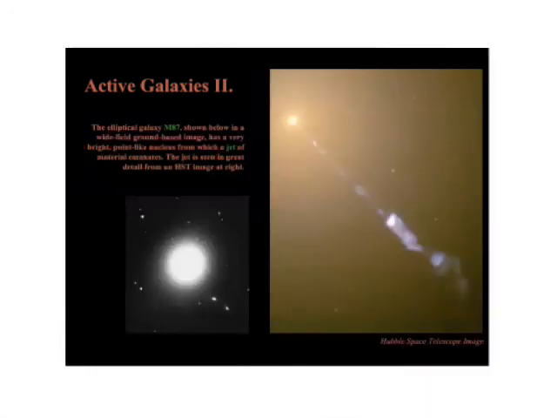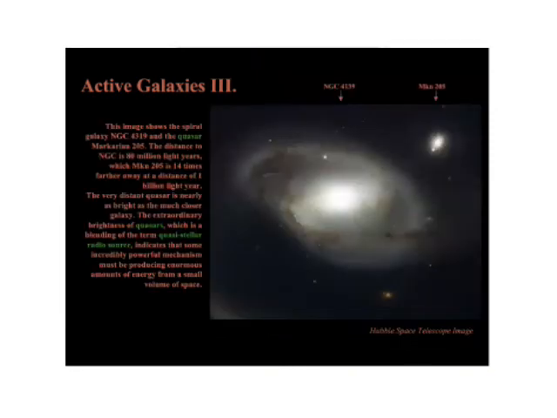This is M87. This is also an elliptical galaxy, and the jet that is seen is a great detail from the Hubble Space Telescope, showing a jet coming out of this galaxy. These are active galaxies. This is NGC 4139 and then Markarian 205.